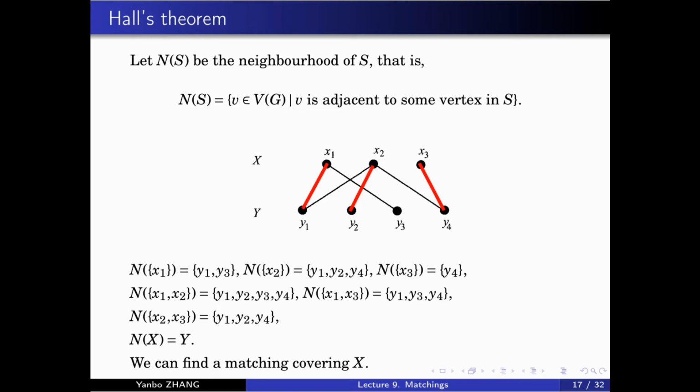For every subset of X, we check its neighborhood. For example, for X1, the neighborhood of X1 contains two vertices, Y1 and Y3. We can check every neighborhood of every subset.